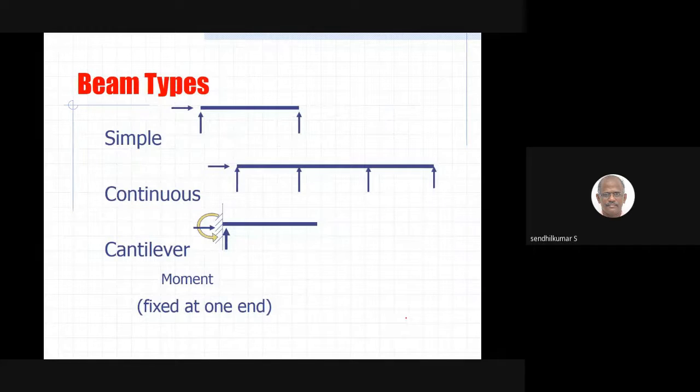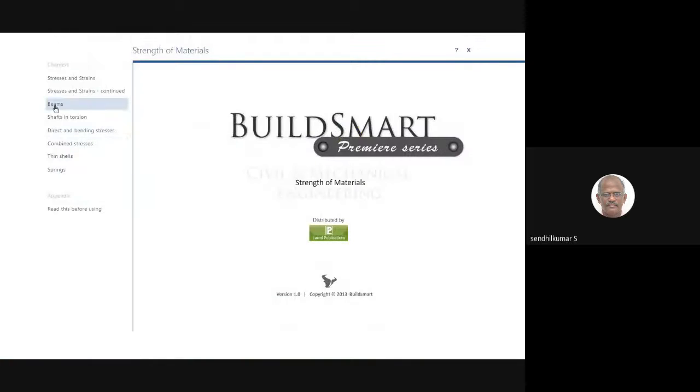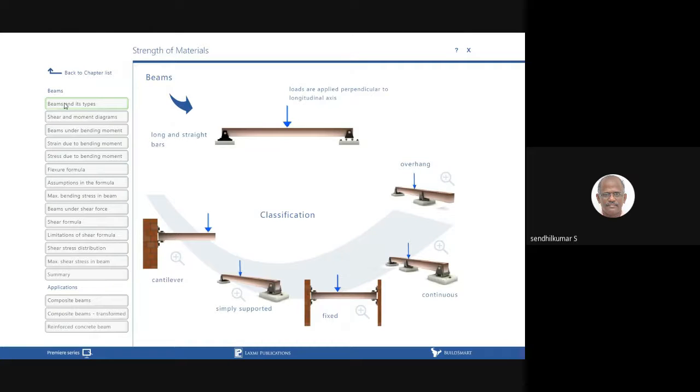So what are the beam types? You will have a simply supported beam, a continuous beam, a cantilever beam, a fixed beam, a propped beam fixed at one end and supported at the other end, and the overhang beam. In the image you will see the details.